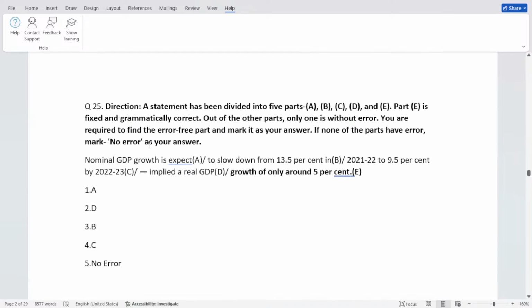Nominal GDP growth is expected to slow down from 13.5% in 2021-22 to 9.5% by 22-23, implied a real GDP growth of only around 5%. So accordingly, what would be the correct answer? We are supposed to see. Here we are supposed to find out the error-free part.